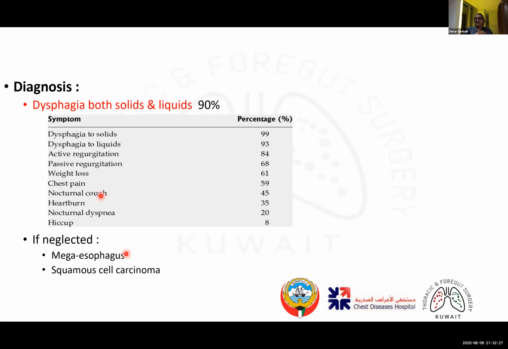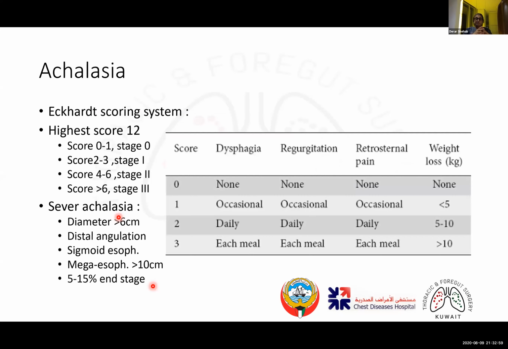Almost all achalasia patients present with dysphagia to both solids and liquids. Other symptoms depend on the severity of the disease, so they may present with weight loss, chest pain, or aspiration pneumonia. If achalasia is neglected, they will end up having megaesophagus, and rarely they develop squamous cell carcinoma due to the fermentation of food inside the esophagus.